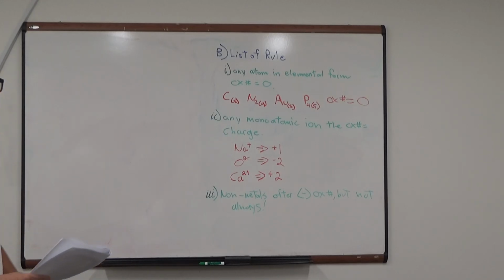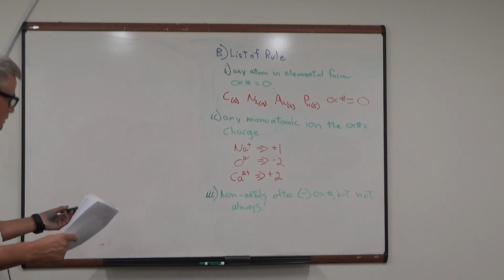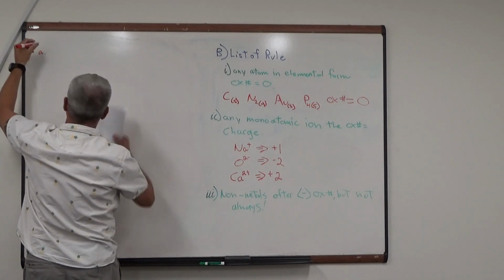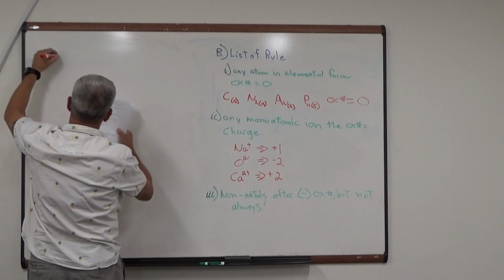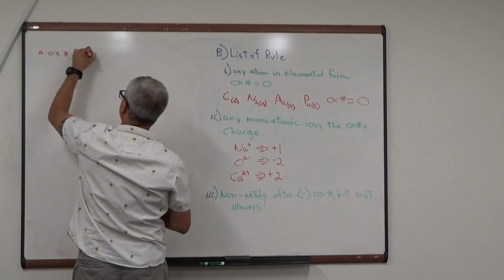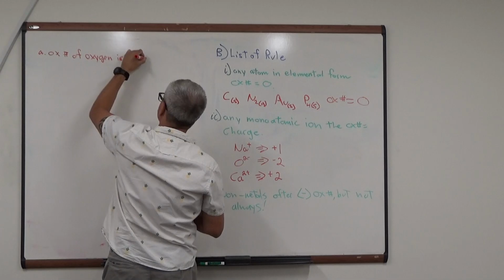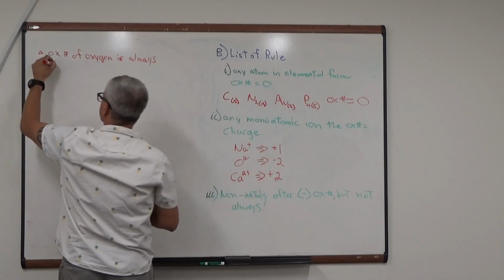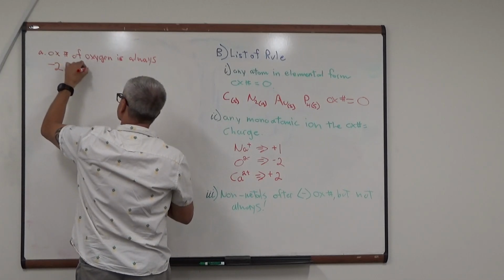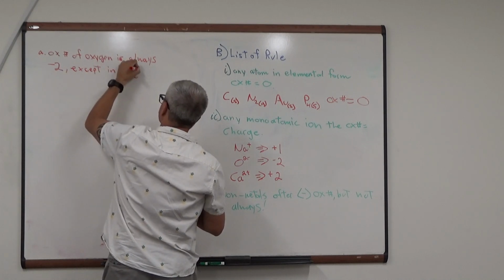Now the rule I said about oxygen: the oxidation number of oxygen is always -2, okay? Except in peroxides.